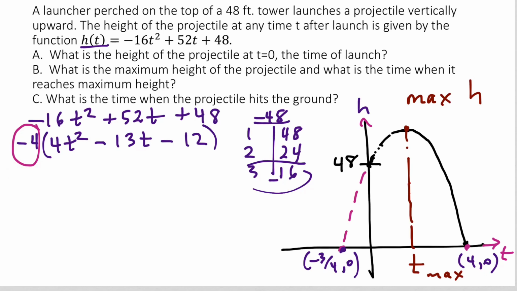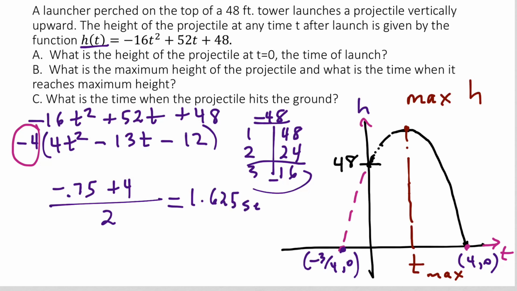You would just add negative 0.75, that's negative 3/4, plus 4, and divide that in half, and you get 1.625, and that would be seconds.